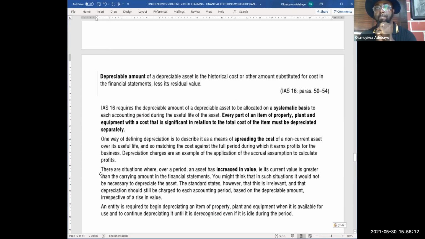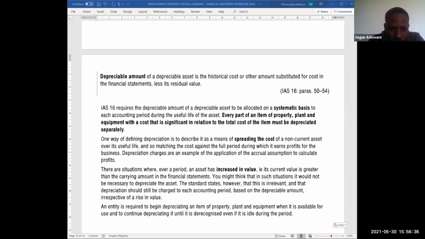Furthermore, IAS 16 requires the depreciable amount of a depreciable asset to be allocated on a systematic basis to each accounting period during the useful life of the asset. Every part of an item of property, plant, and equipment with a cost that is significant in relation to the total cost of the item must be depreciated separately.